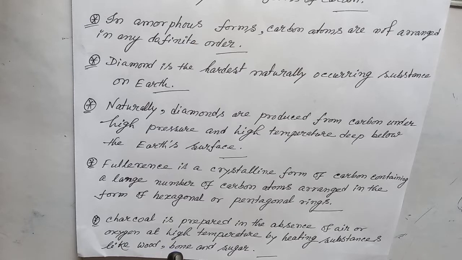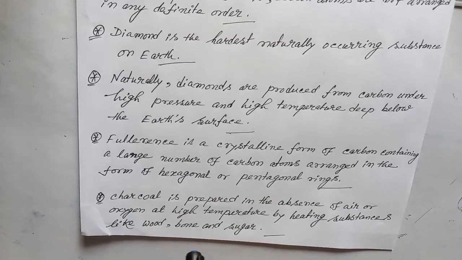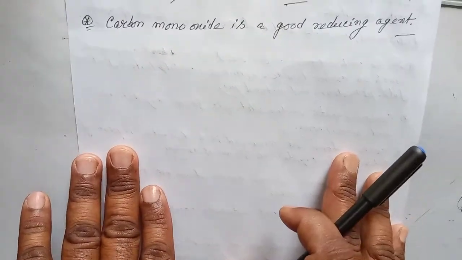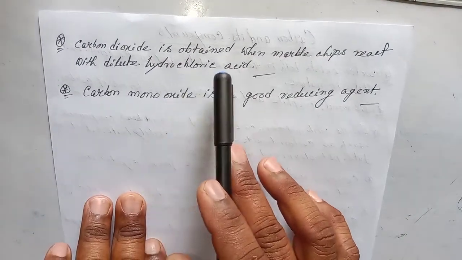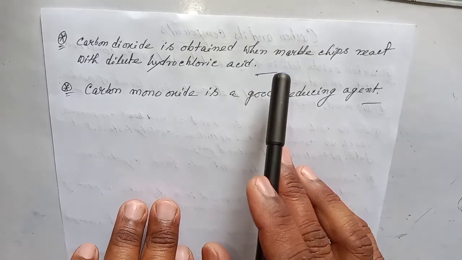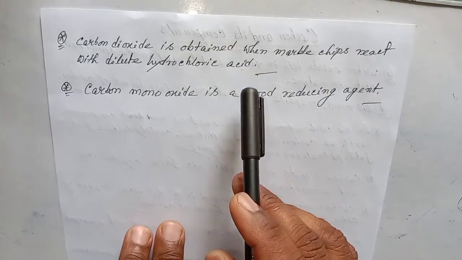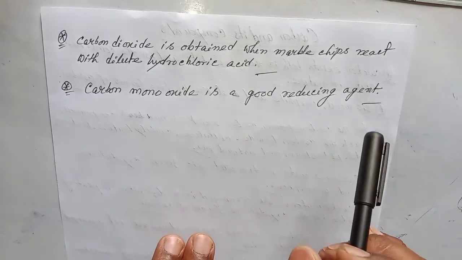Charcoal is prepared in the absence of air or oxygen at high temperature by heating substances like wood, bone, and sugar. Carbon dioxide is obtained when marble chips react with dilute hydrochloric acid. Carbon monoxide is a good reducing agent.